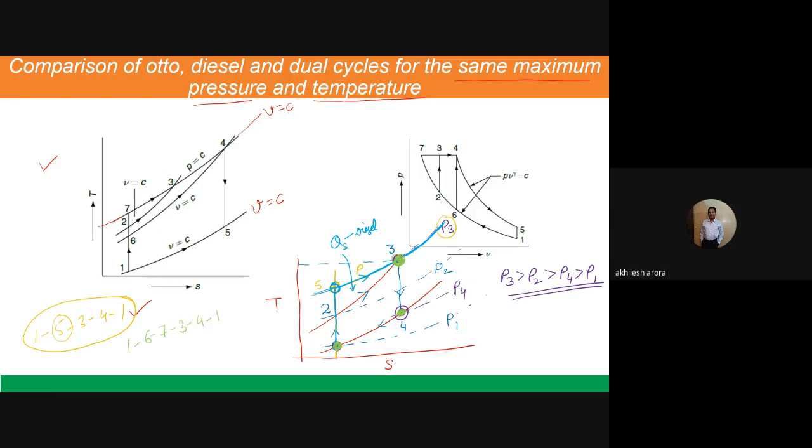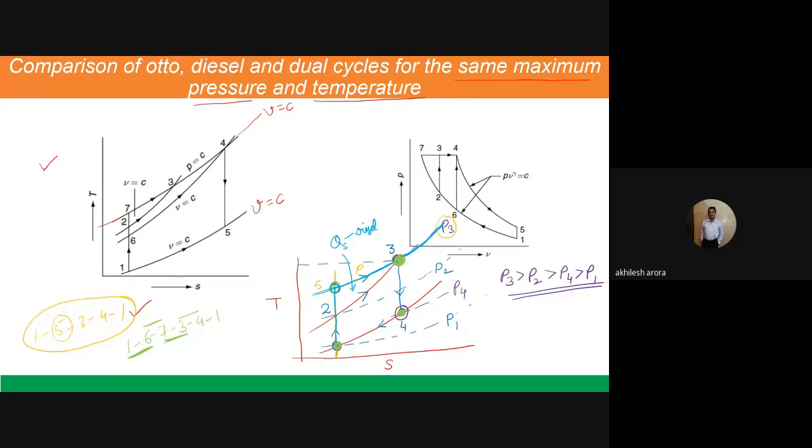So 1 to 6 is the constant reversible adiabatic compression. 6 to 7 will be heat supplied at constant volume. 7 to 3 will be heat supplied at constant pressure. 3 to 4 will be reversible adiabatic expansion, and 4 to 1 will be heat rejected at constant volume.